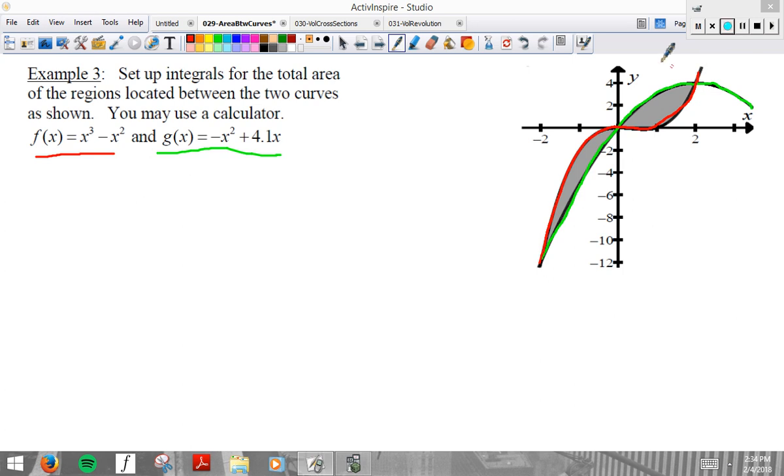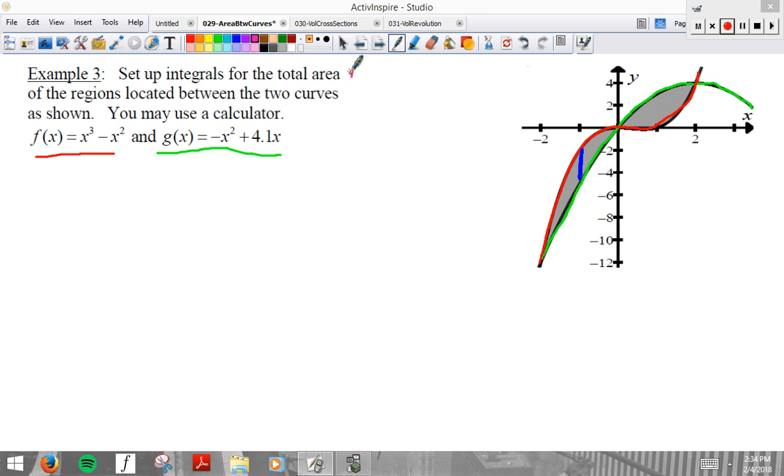Now if you draw it like this, and we're planning on using representative slices like that, you might notice that when we want to use our formula, top minus bottom, the red one is the top over here, whereas green is the top over here.